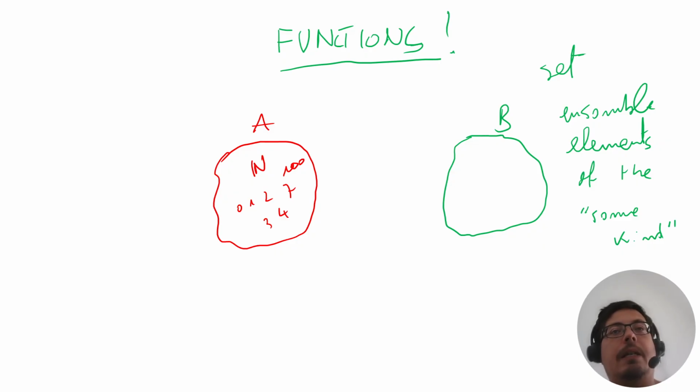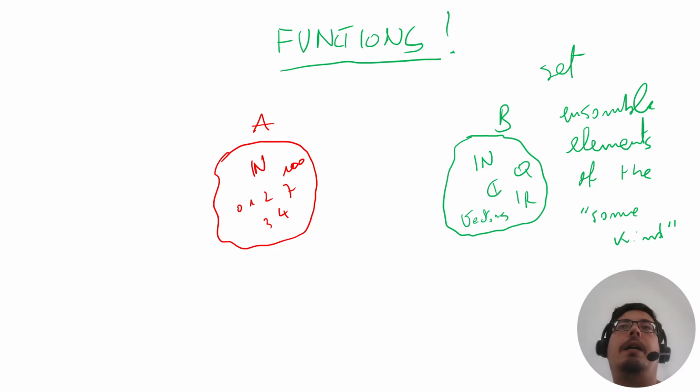And on the other side, there can be again the natural numbers, the integers. There can be other things. For example, there can be the complex numbers, or the real numbers, or the rational numbers, or anything else that you can think of. Vectors, for example. I will show you what I mean.